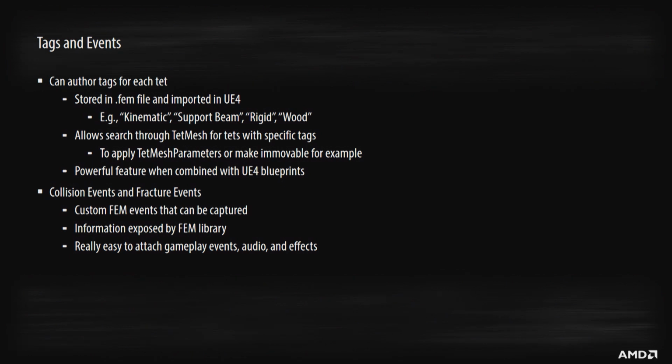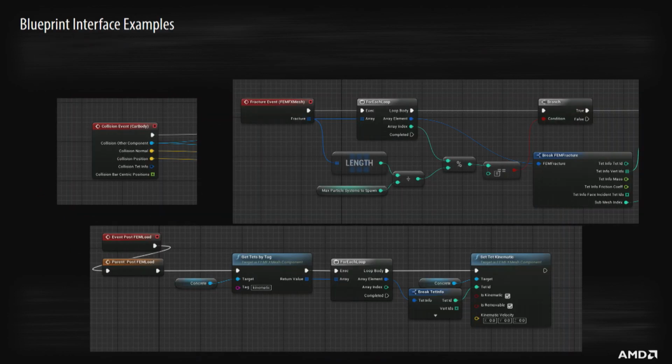The collision and fracture events have information exposed by the library, basically where in the meshes these things happened, and positions that can be used. Here are a couple of quick examples of blueprint interface uses that involve the tags and the events.